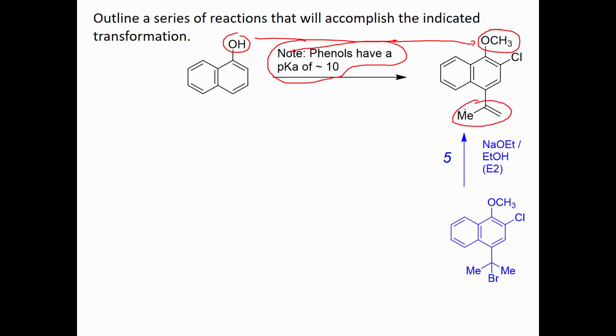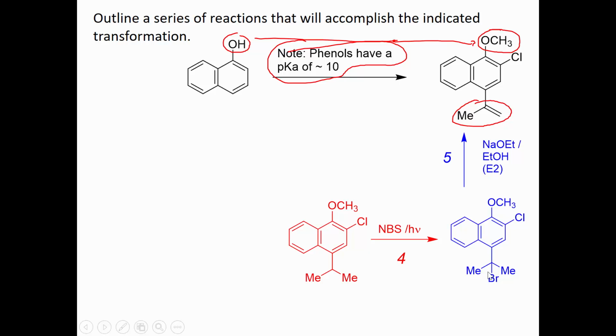Okay, so our last step here, the best last step we could have would be an E2 reaction on this halide right here. Okay, so this bromine here is tertiary and would definitely prefer to do an E2 over an SN2.